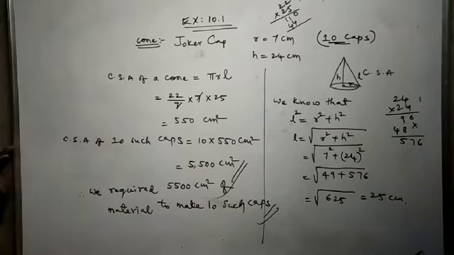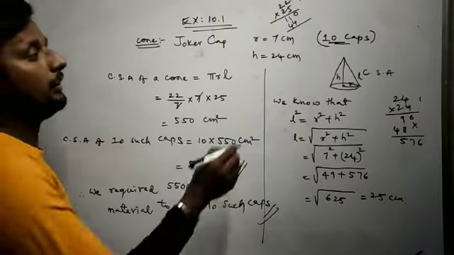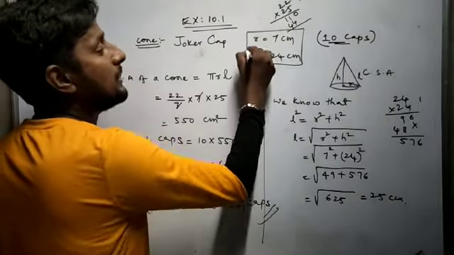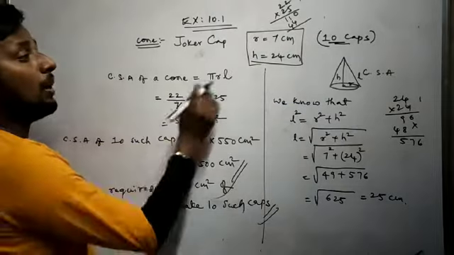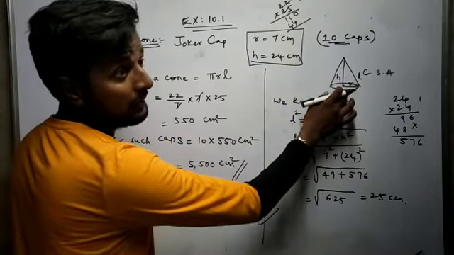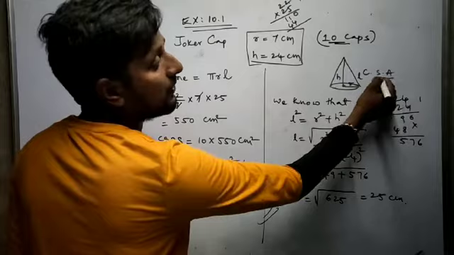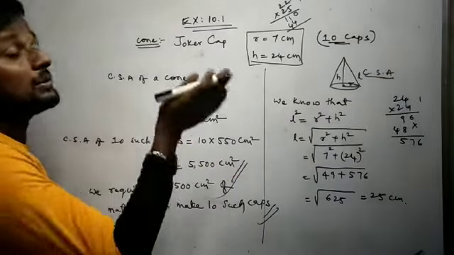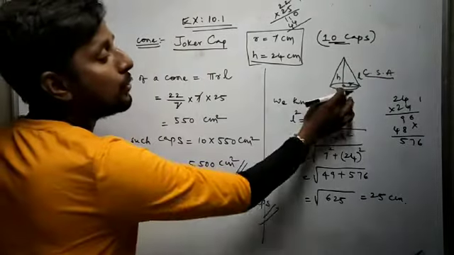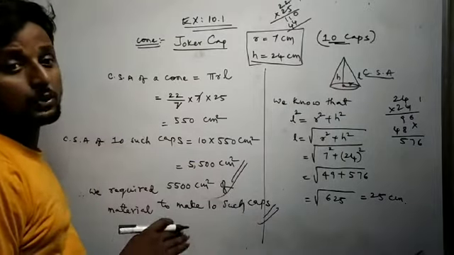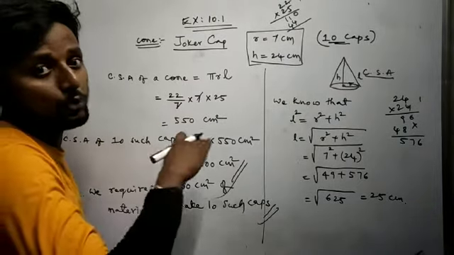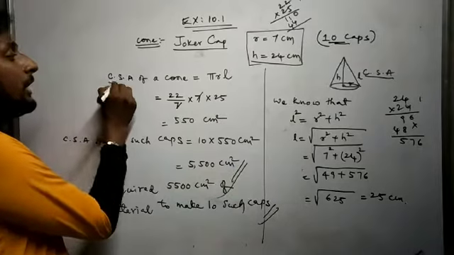So what I did here: first I wrote the given measurements, later whatever our requirement I found. I found CSA. How did I decide it? Based on the situation: a joker cap has no base, the base isn't covered, so we are not using material for the base, so our requirement is CSA.